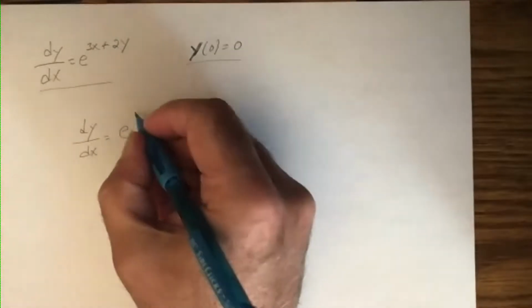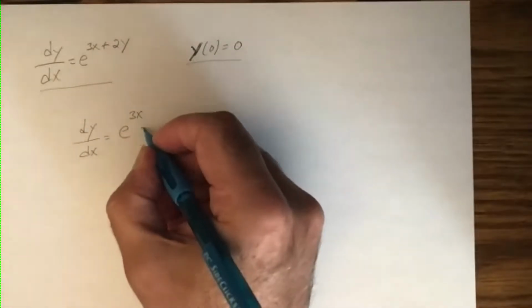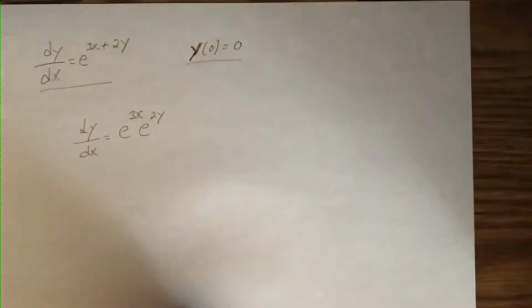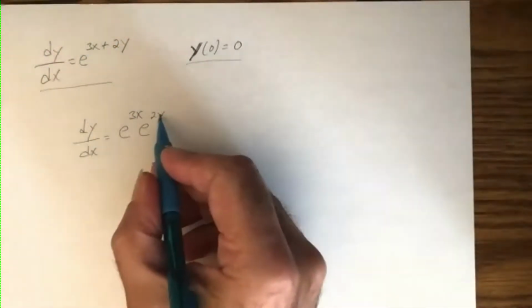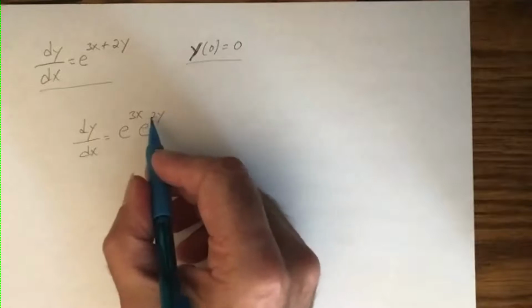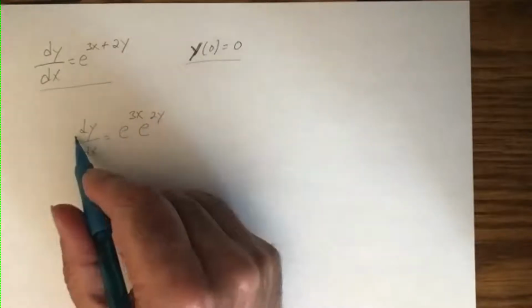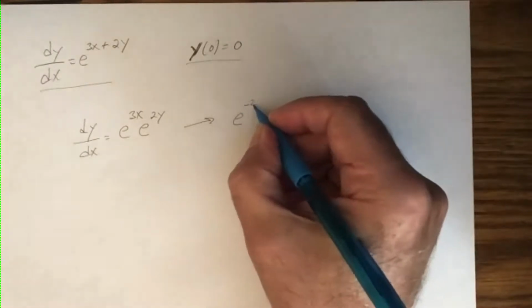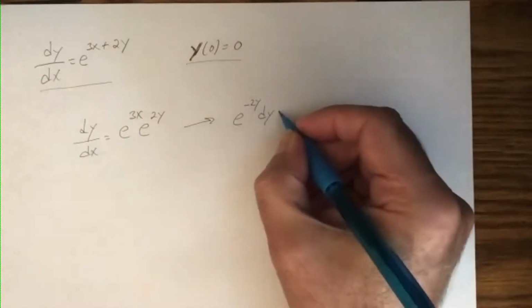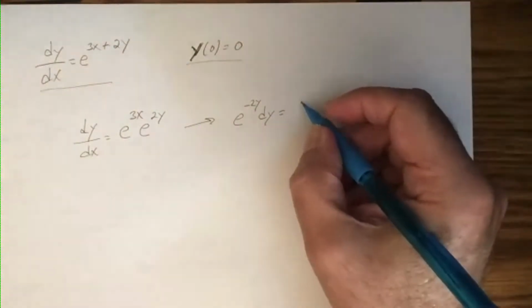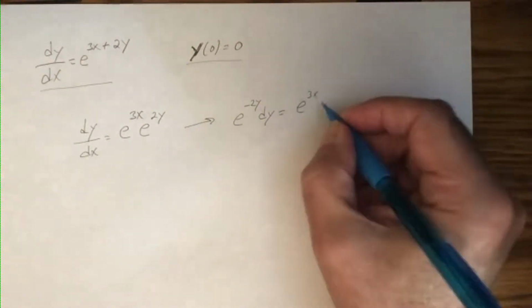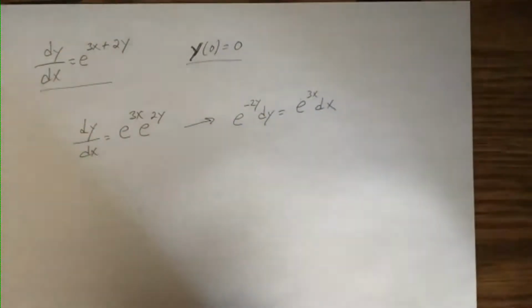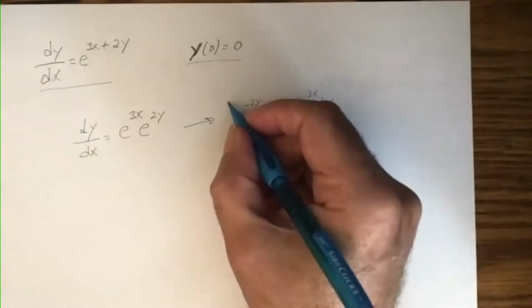Let me write it first like this, because when we deal with exponentials, we would add the exponents. So then I can bring this over to this side. I can write this as e to the minus 2y dy, and then I bring up the dx, and I get e to the 3x dx. Now I can integrate both sides.